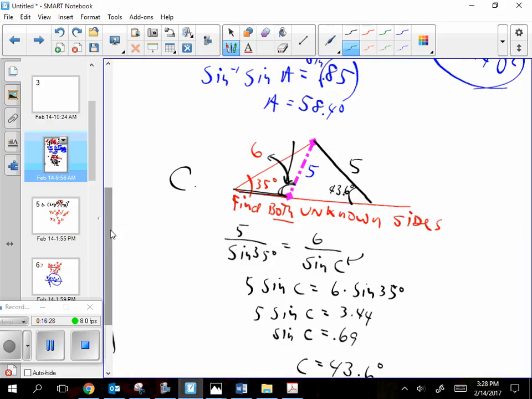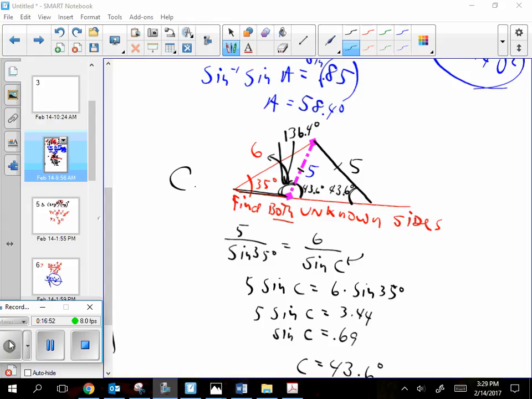Well, now we can transfer this over here and say, since this is an isosceles triangle, these two angles have to be the same, this one and this one. And so this must be 43.6 degrees. And then this angle right here must be 180 minus 43.6, which is 136.4. So that angle has to be 136.4 degrees.